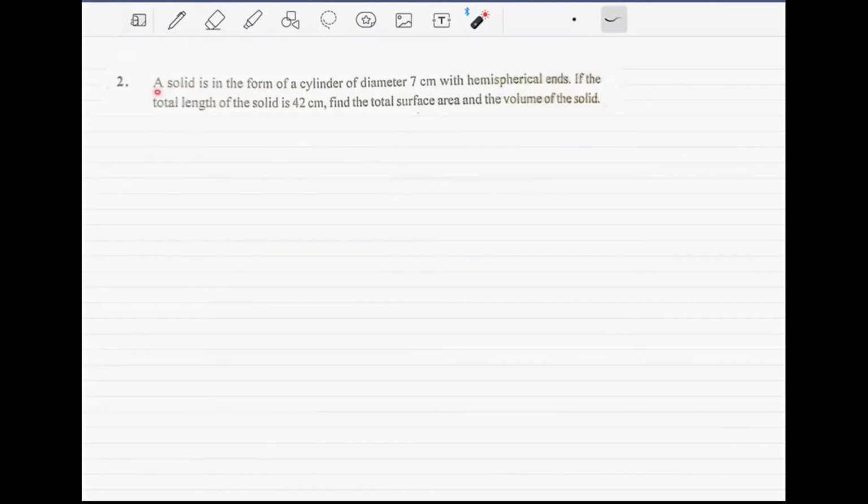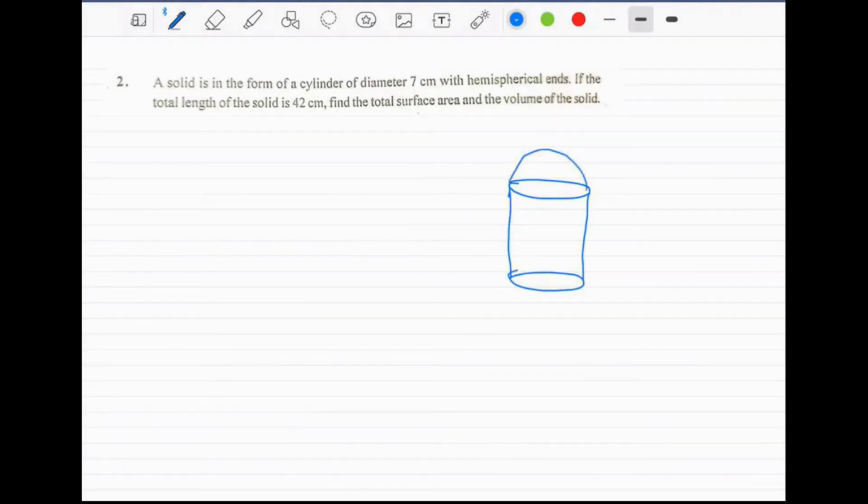It says a solid is in the form of a cylinder of diameter 7 centimeter with hemispherical ends. What does a hemisphere look like? It looks like this, or like this, half of a sphere. So the solid is in the form of a cylinder. You draw a cylinder first, and then on the top you put hemispheres.